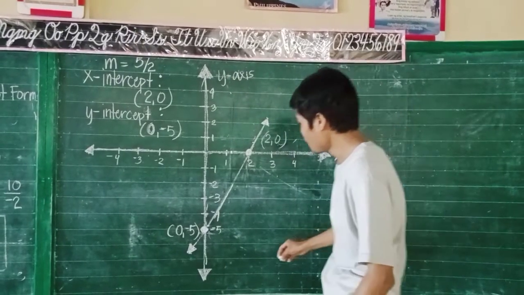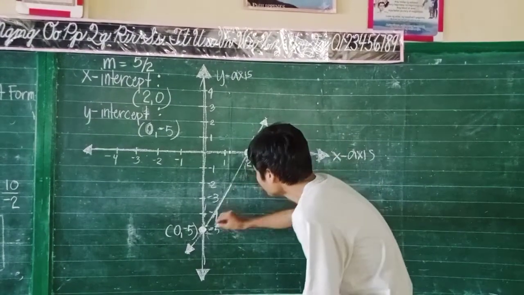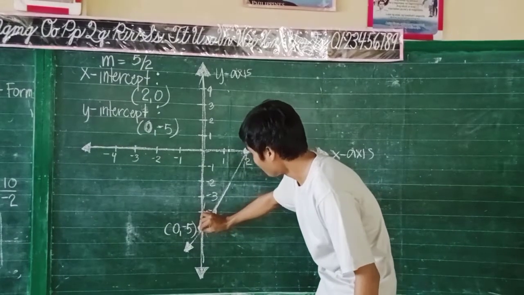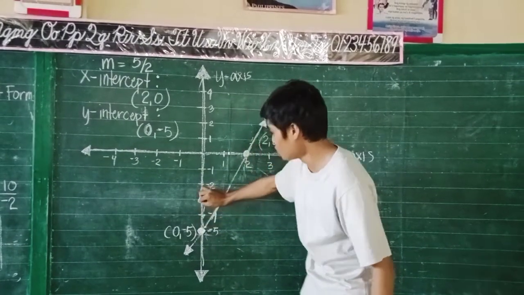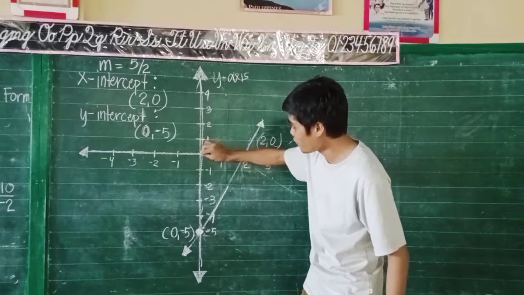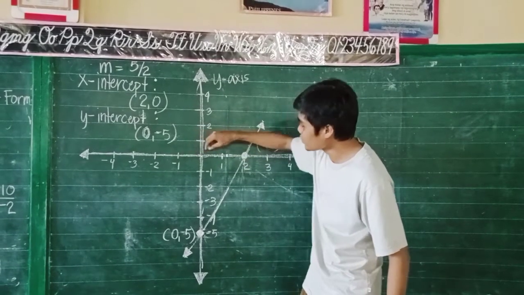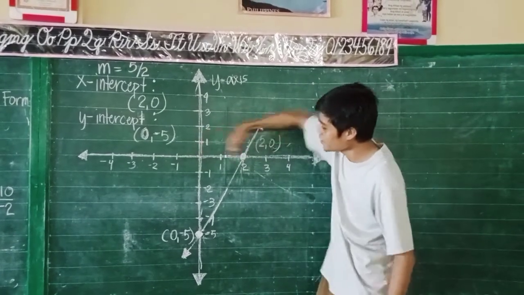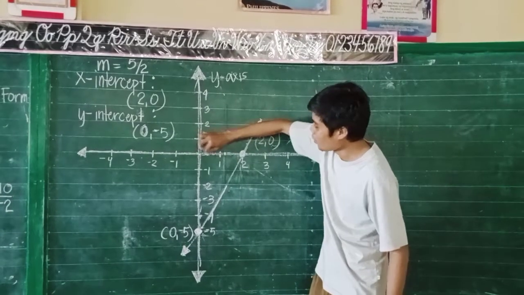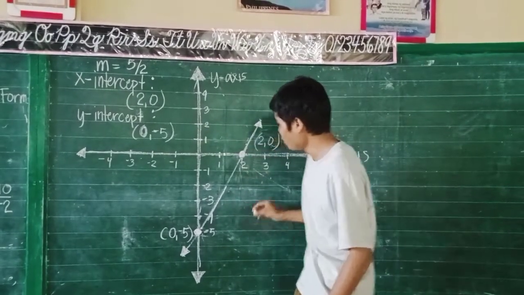So 5 units upward: 1, 2, 3, 4, 5. And 2 units to the right side: 1, 2. That is our slope.